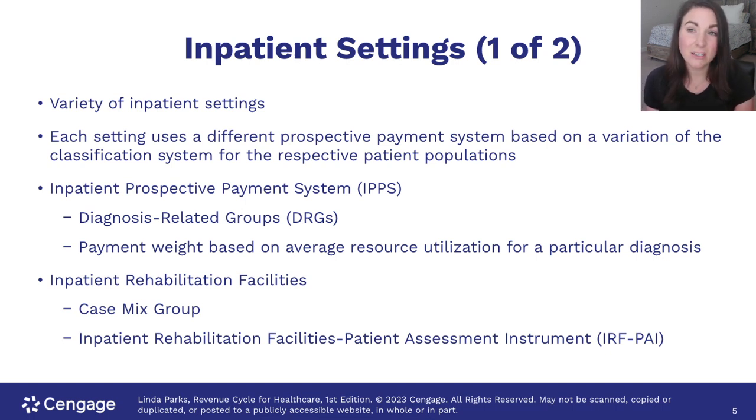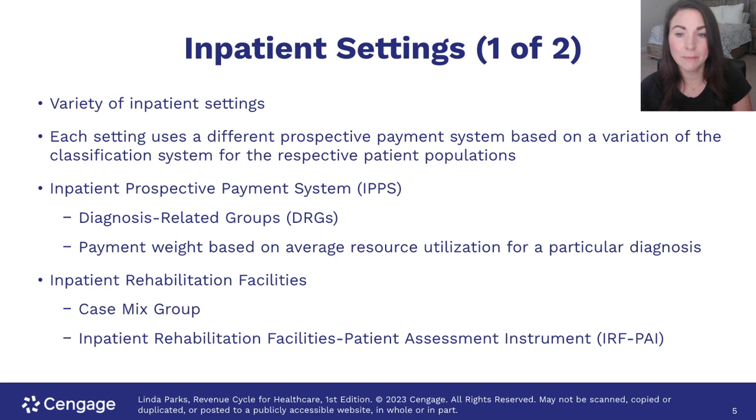And then each DRG category is assigned a payment weight based on the average amount of resources that are used for people with that diagnosis. So the reimbursement is based on this weight, okay?